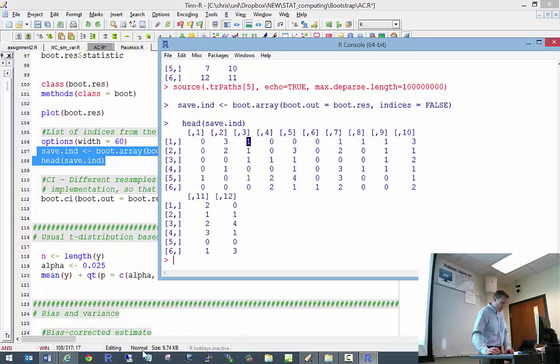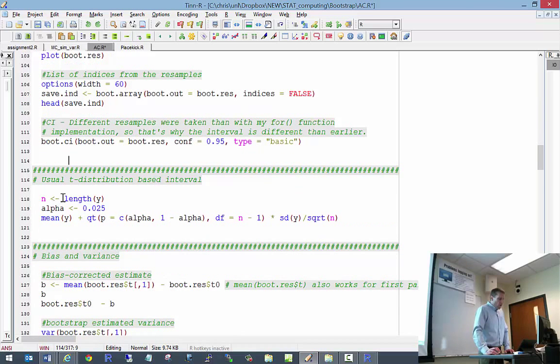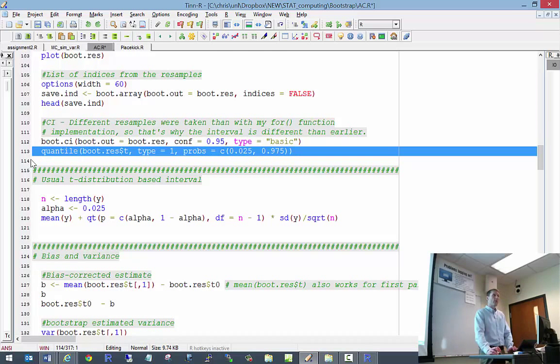Okay, let's keep on moving on page 28. Let's actually do some confidence interval calculations. If I wanted to, I could simply use the quantile function on boot.res$t, type equal 1, and then probs equal, let's say, the 0.025 and 0.95 quantiles from all my t stars.